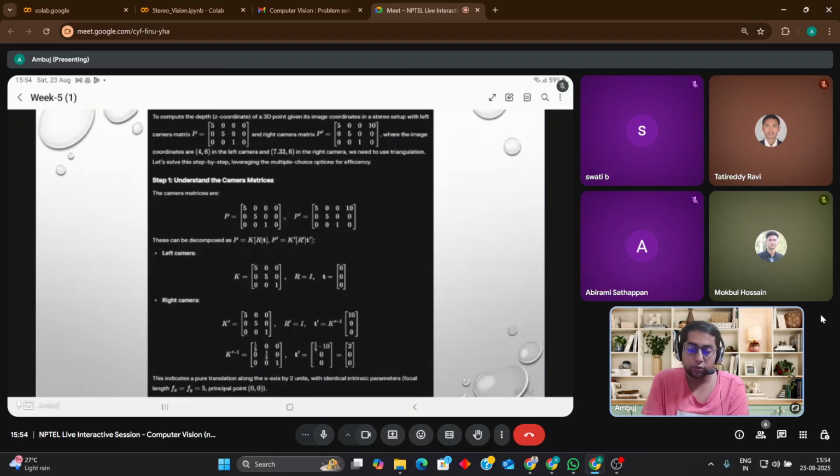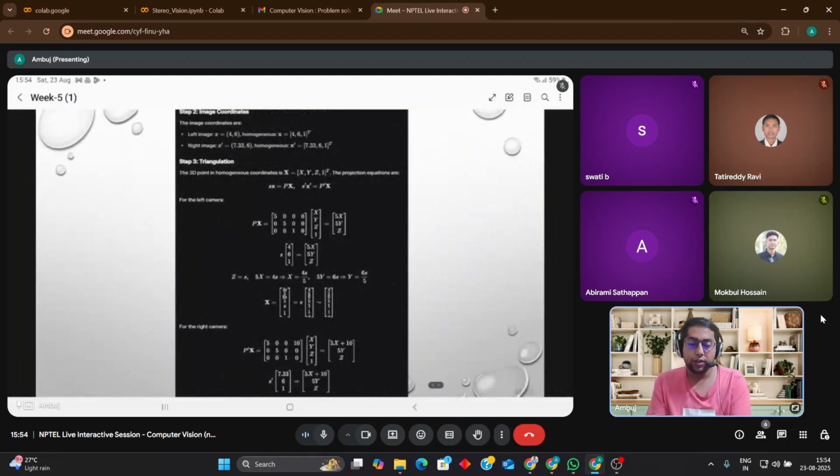After the segregation, for the left camera you will get the matrix K and T, and for the right camera you will get K dash and T dash. This indicates that there is a pure translation along the x-axis by 2 units, where your focal length is 5.